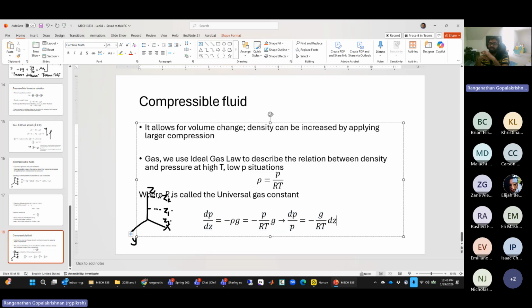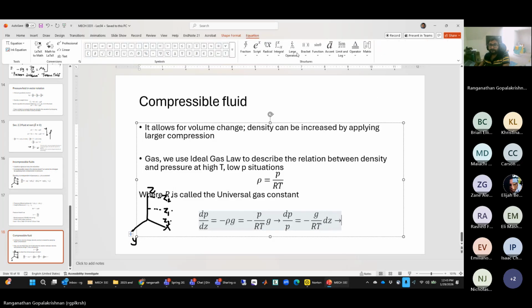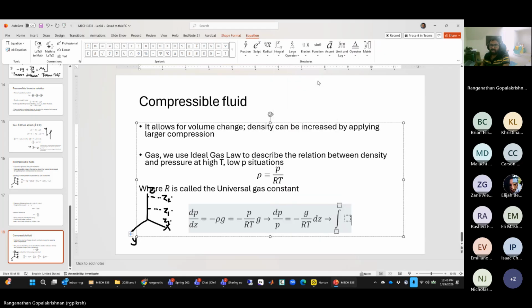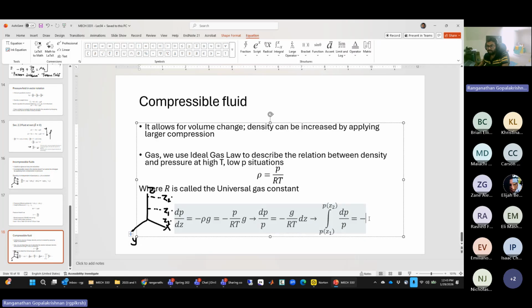I'm just separating them as a differential equation. And then I have to integrate this between pressure at Z1 and pressure at Z2, dP over P, that is equal to minus g over RT. We'll assume temperature is not changing. That will be a simplification.